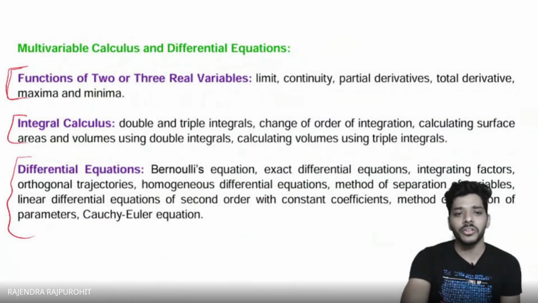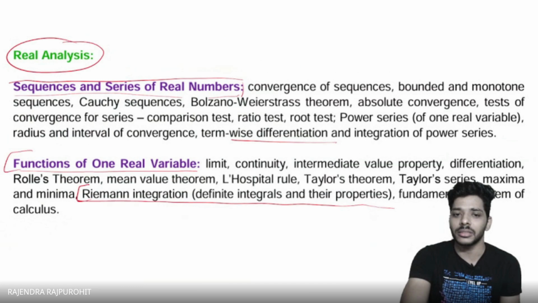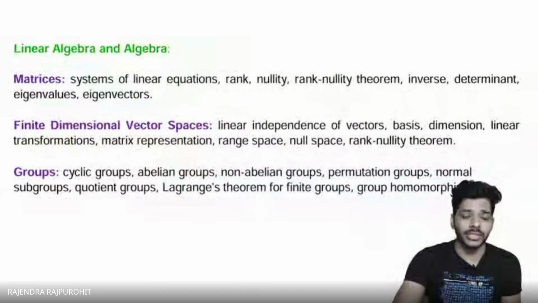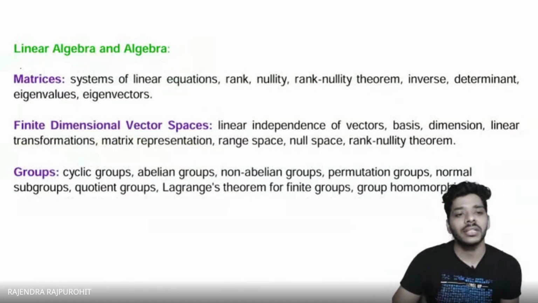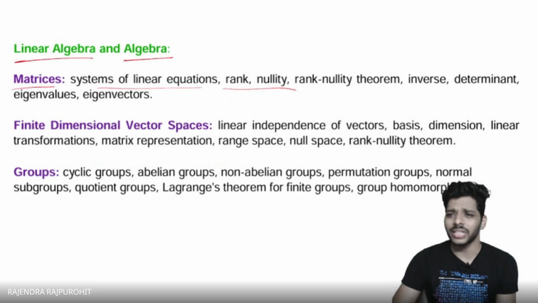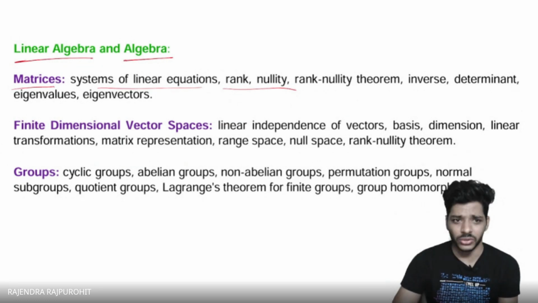Now if we look at the marks distribution, I think algebra is missing here. I don't know where it went this year. Yeah, so linear algebra and algebra are there. Matrices, where you just have systems of equations, rank nullity theorem and inverse, determinant, eigenvalues, eigenvectors. Very standard linear algebra which you go through in your very first year.